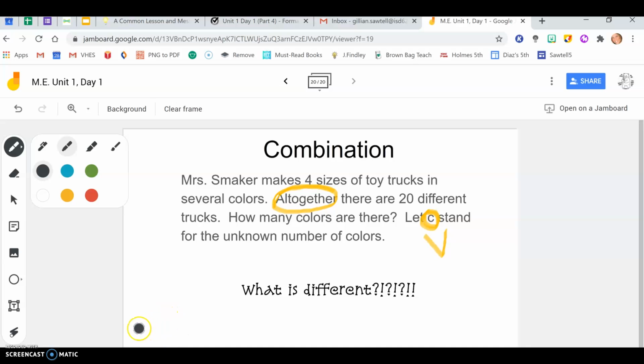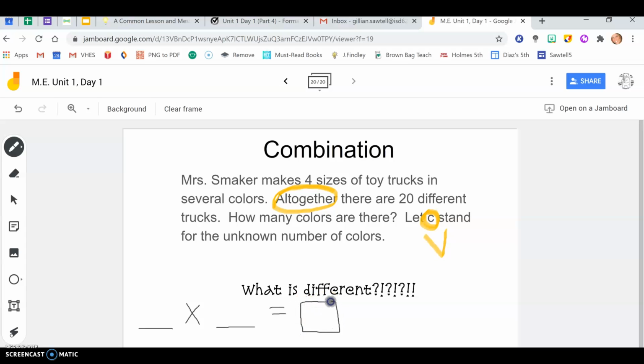So for example, I might have one category. I'm using a combination, so I know I'm multiplying to make groups of options. My second category, but my altogether is actually going to go at the end because it's my total. Usually when we've done combinations, we haven't done the one that we know at the end. So this one makes it different.